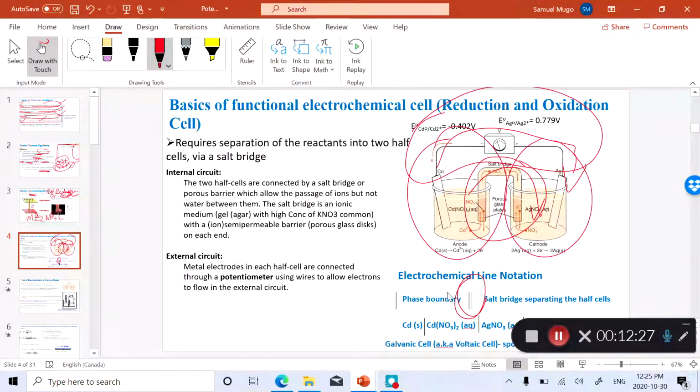So this side is one half cell, the anode, and the other side is the other half cell, the cathode. Now remember, we sometimes call this a galvanic cell, meaning it's got these two components, these two half cells, and electrons are migrating from the cathode to the anode.